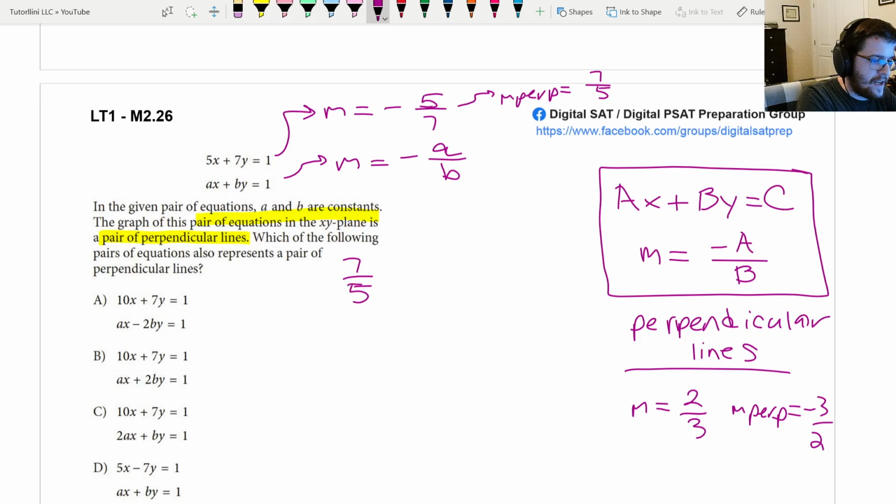That tells us that 7/5 is equal to -a/b. And if I multiply both sides by -1, I get a/b is equal to -7/5.